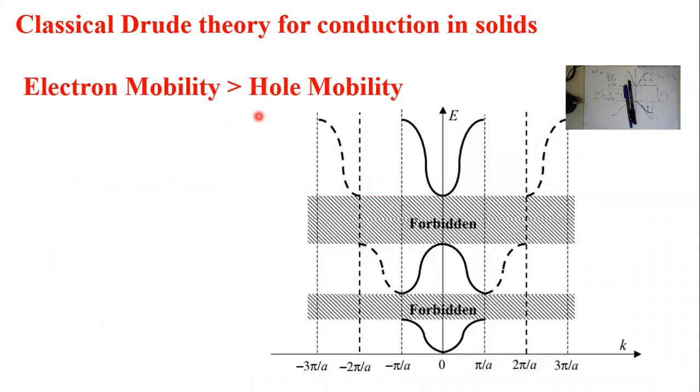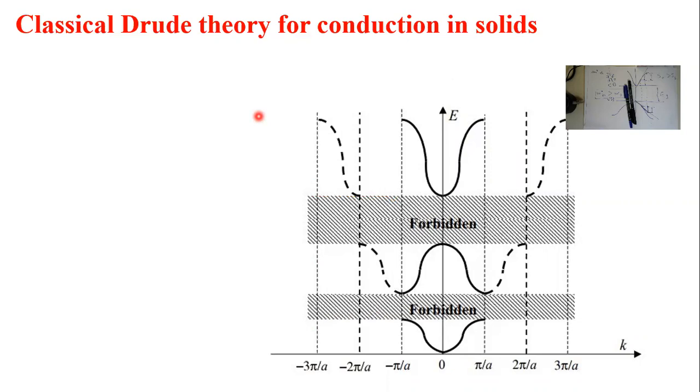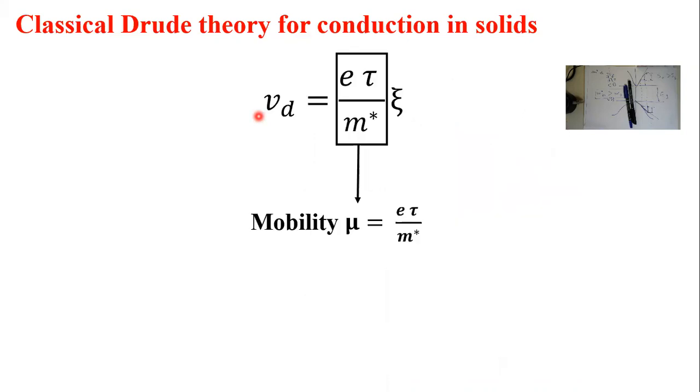As we concluded that the effective mass of holes is greater than the effective mass of electrons, now the effect of the effective mass can appear in this equation. We just say that the holes are fatter than the electrons. The hole's effective mass is greater than the electron effective mass.